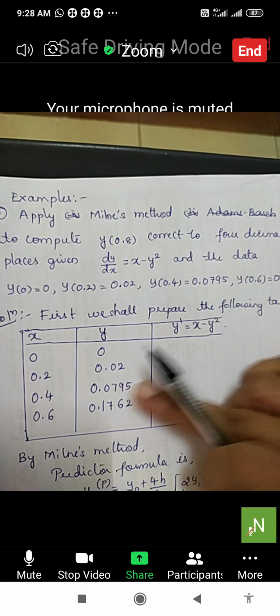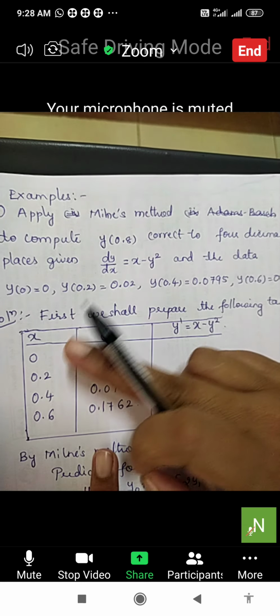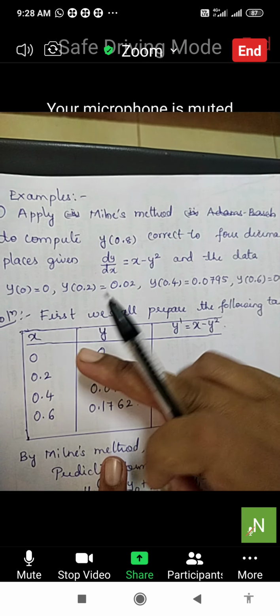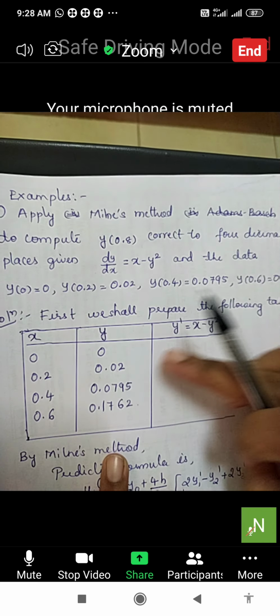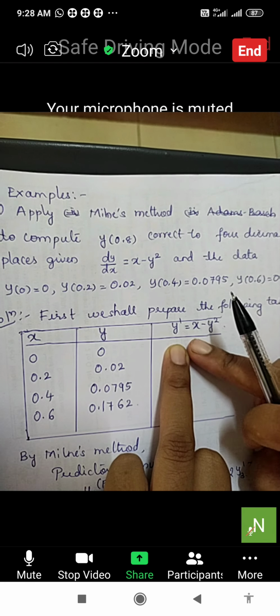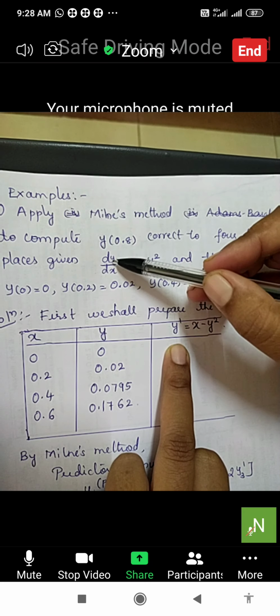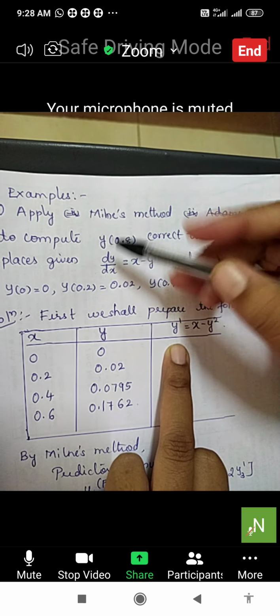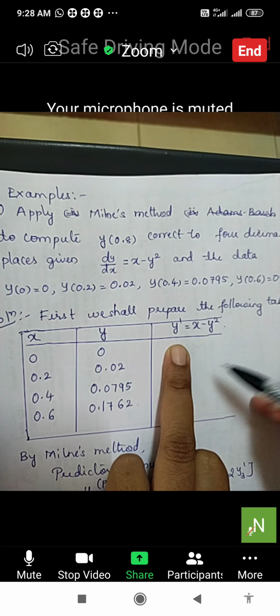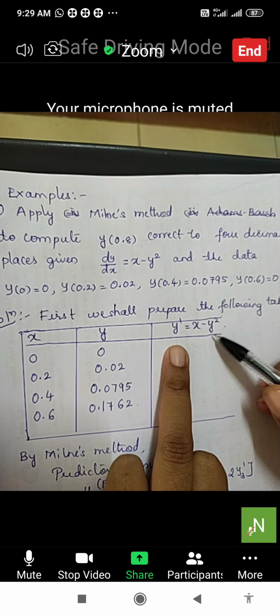You need a table containing 3 columns: x value, y value, and then y dash. This y dash comes from the given differential equation. You can denote it by dy by dx, or write it as y dash. So y dash is nothing but x minus y square.